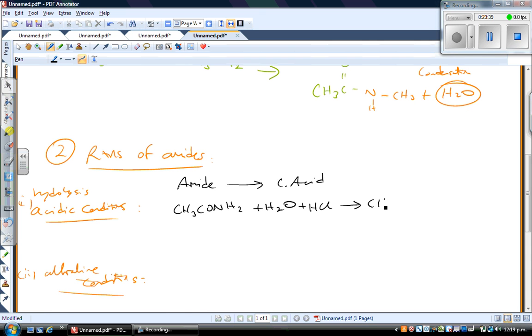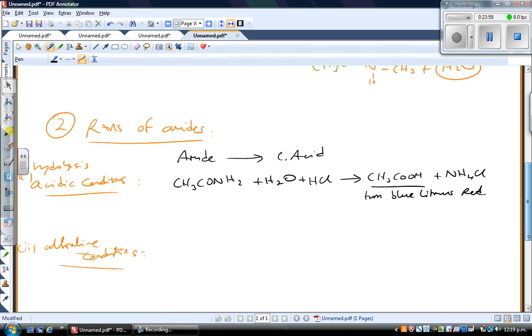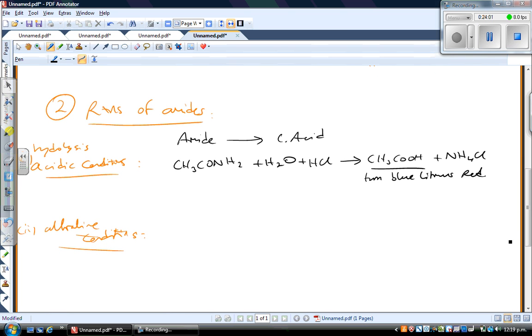If we do so, the products of this reaction will be ethanoic acid plus ammonium chloride. A test that this has been successful: this acid product would turn blue litmus red. So that would be an effective test for the success of that reaction. So that is hydrolysis of an amide under acidic conditions.